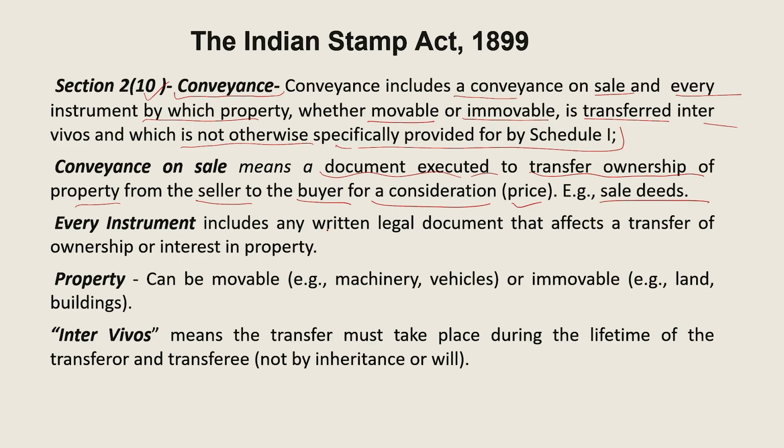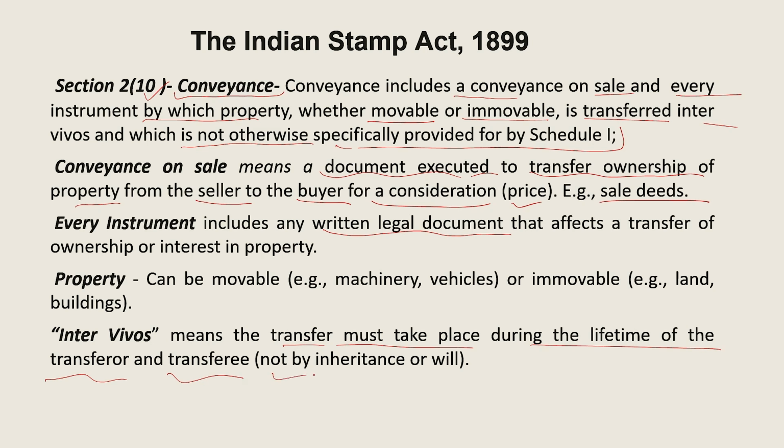Every instrument means any legal document that affects a transfer of the ownership or interest of the property. Property may be movable, property may be immovable. So it may be machinery, a vehicle, maybe the land, maybe the house, maybe the agricultural land, or it may be a building. Inter vivos means the transfer must take place during the lifetime of the transferor and transferee.